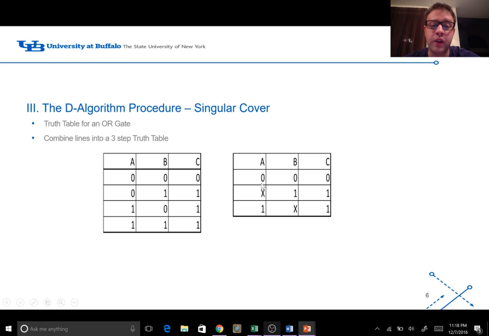What we're concerned with is that we actually maintain this 0, 0, 0, but then you move to something x1 gives you a 1, 1x gives a 1. X represents any value. Essentially, if B is given to be a 1, A can take on any value, which is represented by X, because the output is going to be 1 no matter what, based on what B was. Same for the last line. If A is given to be a 1, B can take on a value of X, because C is going to be a 1 no matter what, regardless of what B is.